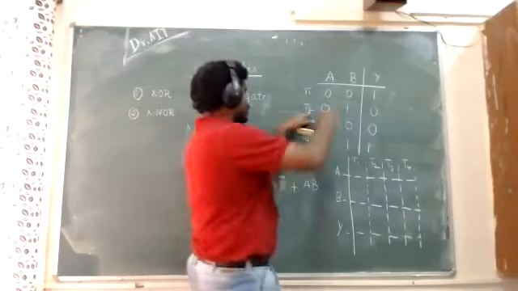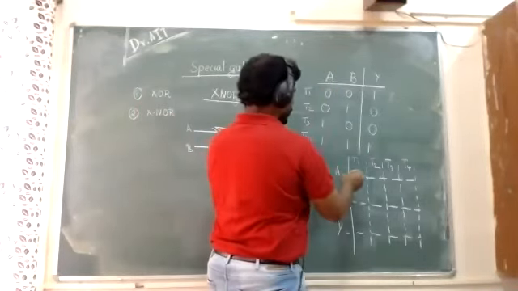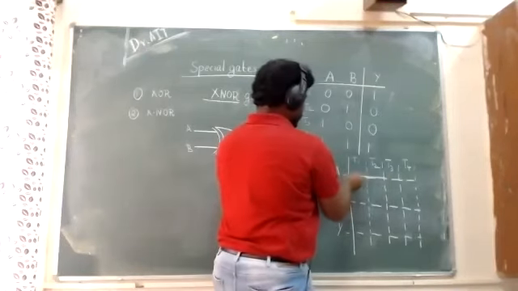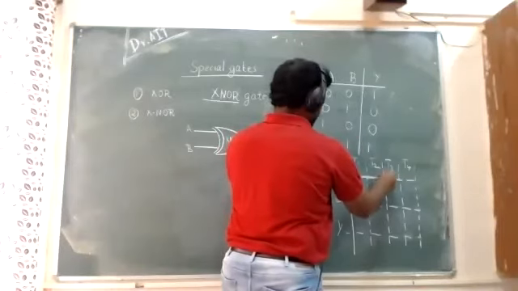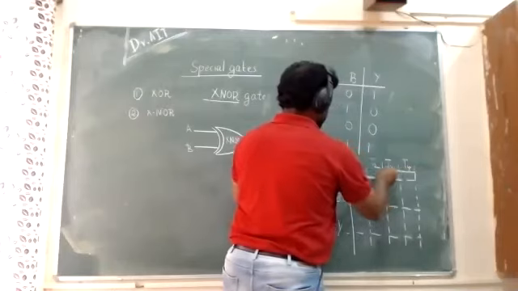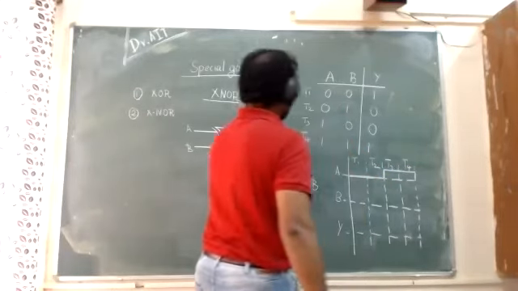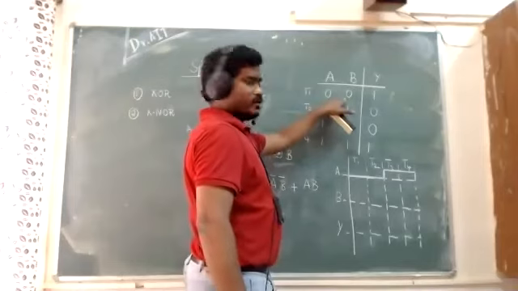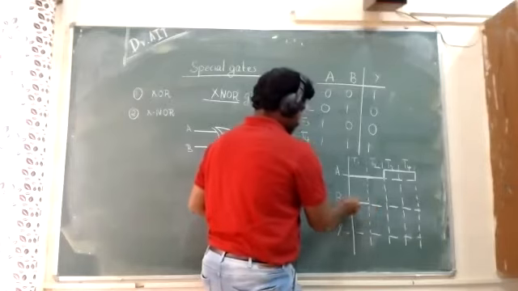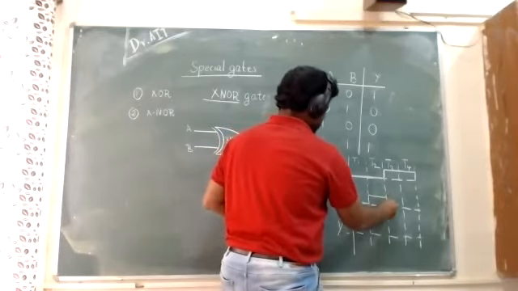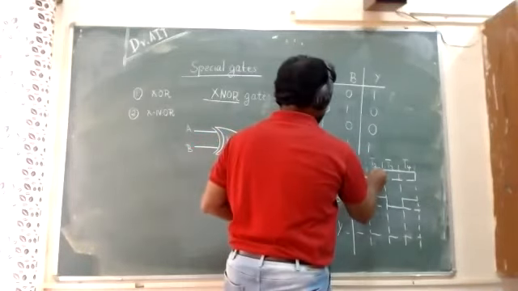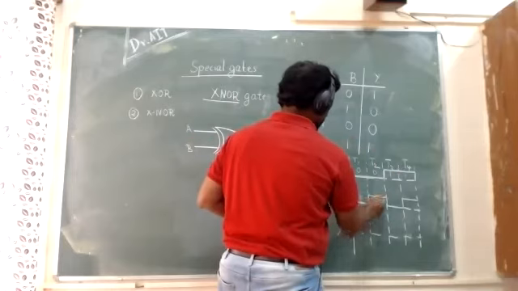For T1, T2, T3 and T4, for the initial two half cycles we have A equal to 0, and for the next two half cycles A is equal to 1. For the other input B, we have 0, 1, 0, 1. So A is 0, 0, 1, 1 and B is 0, 1, 0, 1.